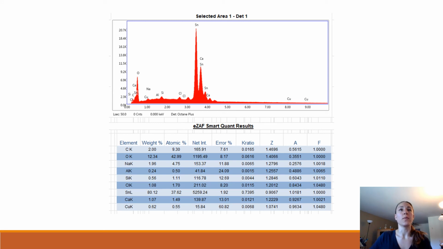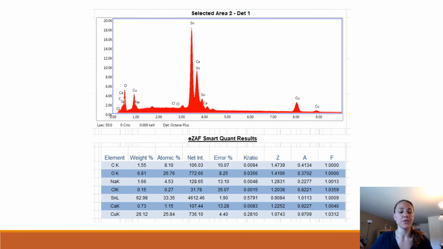So our selected area 1, we're seeing it's mostly tin and a very small amount of copper, not enough to constitute a failure. And on the left side there, you can see all the chlorides that are just left over from the sodium chloride salt solution.